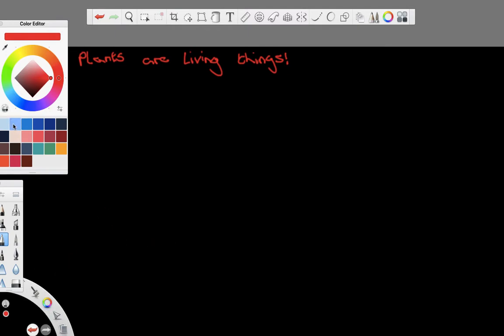At GCSE, you learned that plants need the following things to survive.